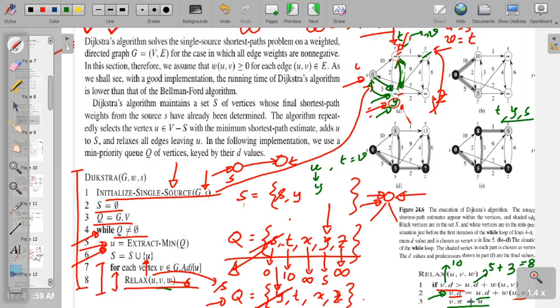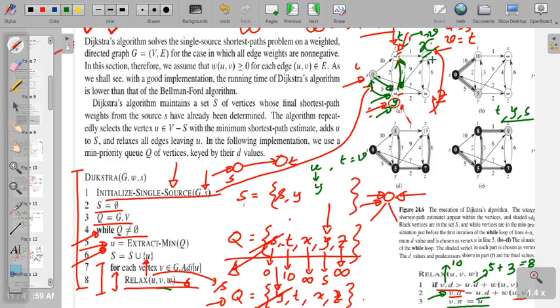So with this relax procedure, V.d, V was X. This is X, right? So this is our U, this is our V. What was V.d? Once I have discovered this, I am trying to see that via this I can reach here. What was that?